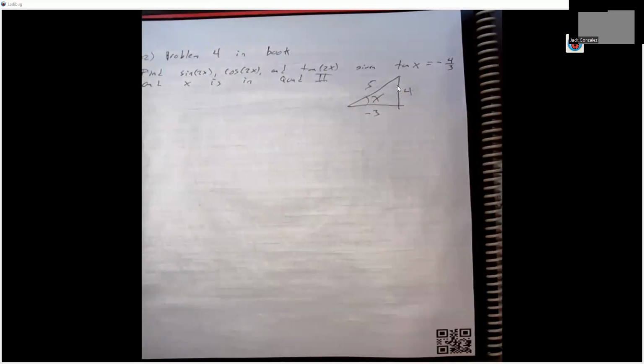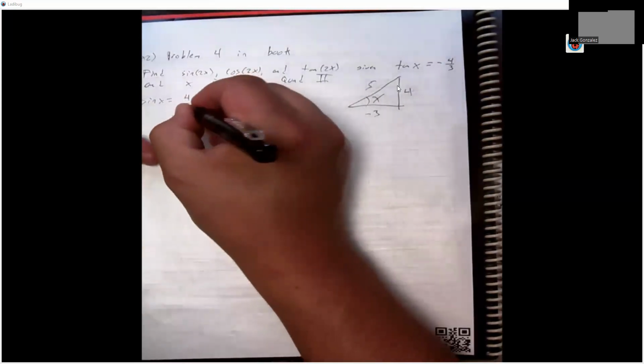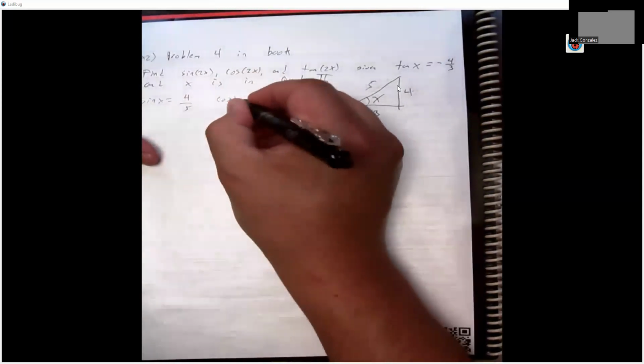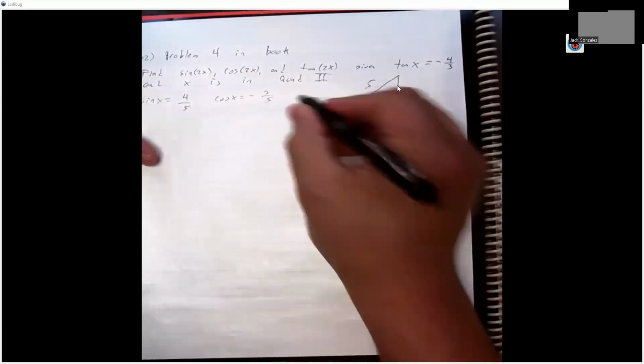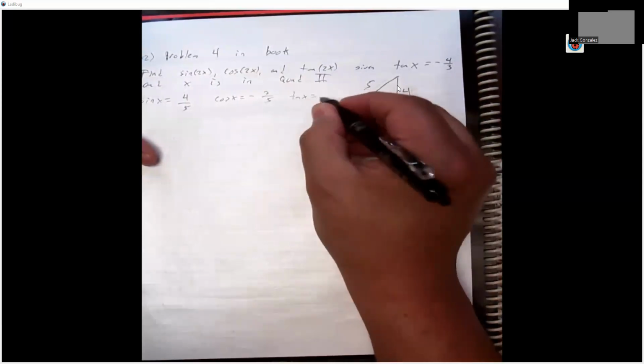Okay. So using that triangle, we know that sine x is equal to 4/5. Sine is positive, cosine is negative 3/5. And then tangent, we were given as -4/3.